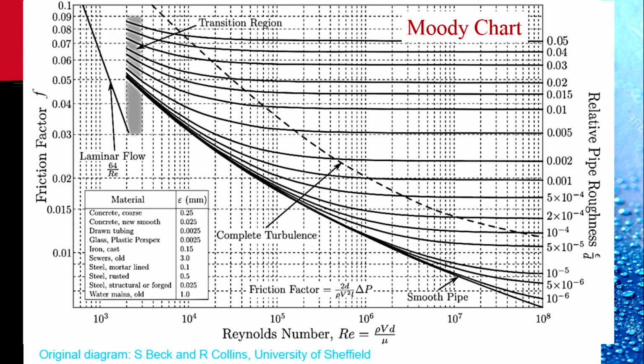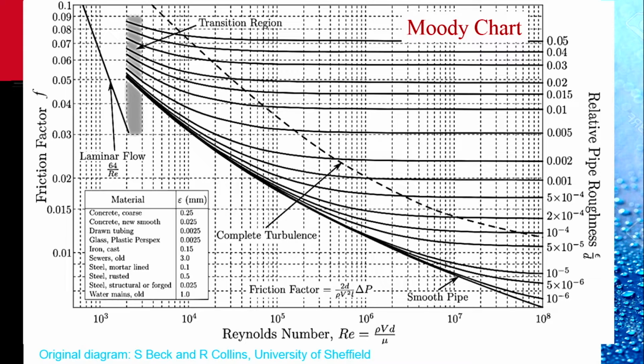Now you notice that the function f is a function of 2 parameter groups, the Reynolds number and the relative roughness parameter. And so it is possible to plot a curve between f, which is termed the friction factor, and the Reynolds number Re, with epsilon by D used as a parameter to get different curves.